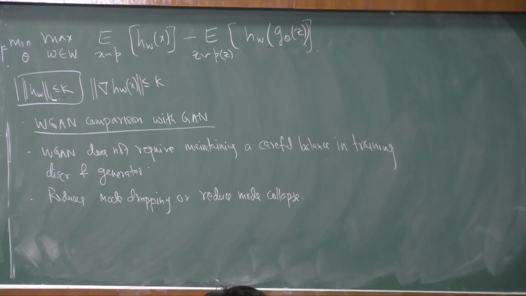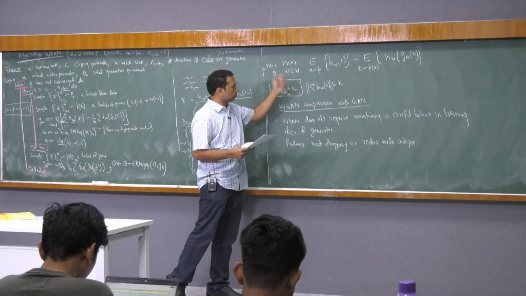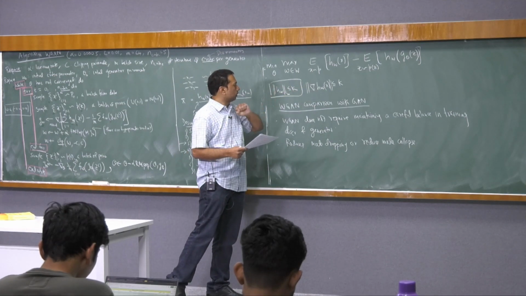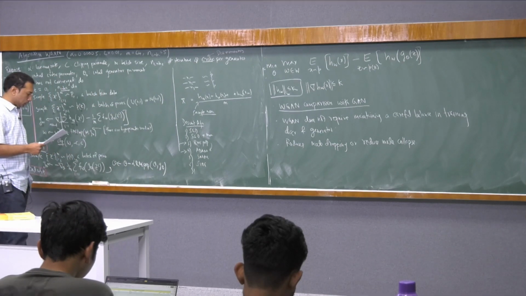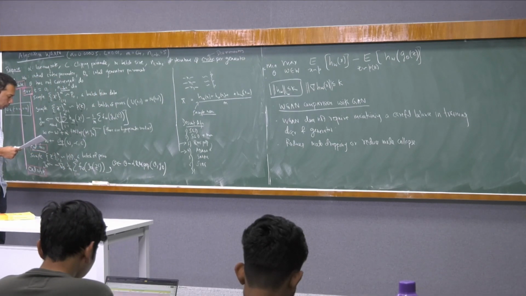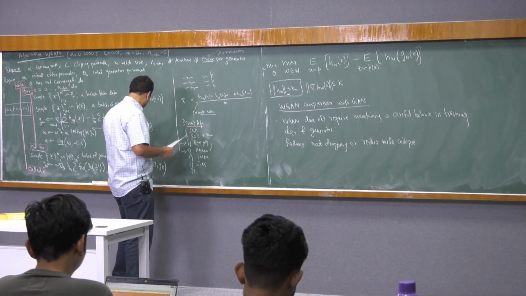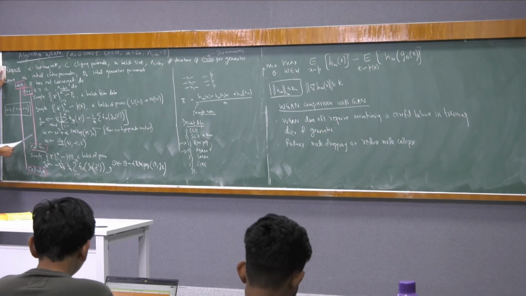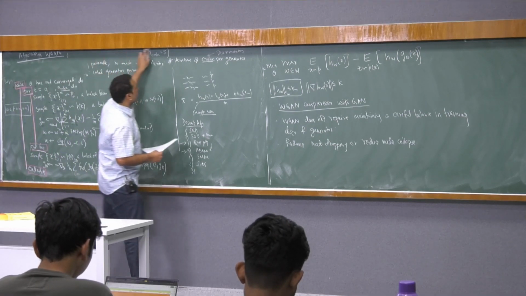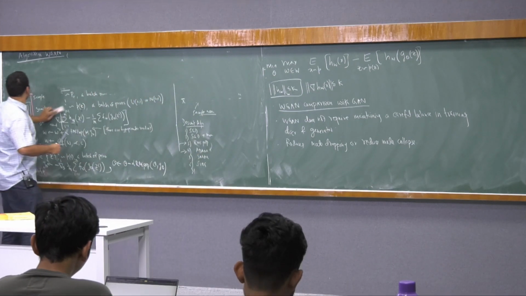The disadvantage of WGAN is that it requires this weight clipping to somehow implicitly maintain the k-Lipschitz continuity. This can be a disadvantage. Obviously there was improvement on WGAN itself, and I can tell you about that.